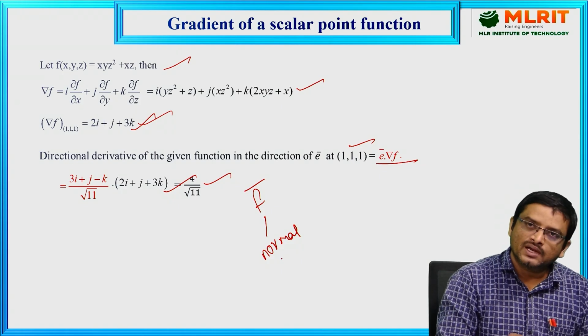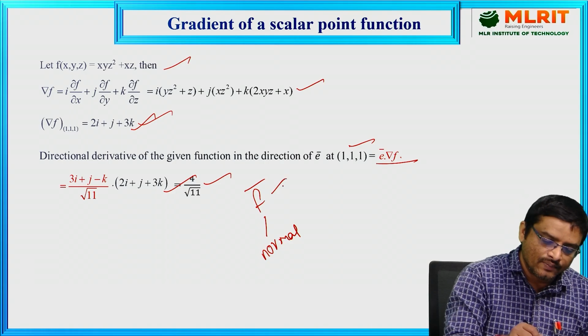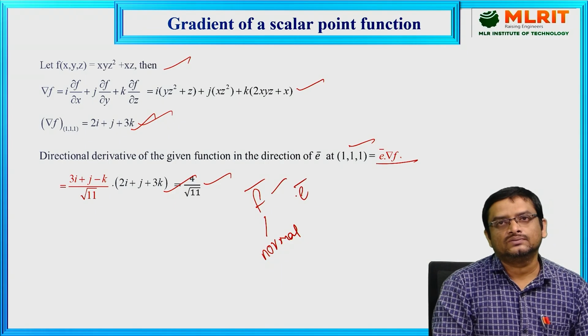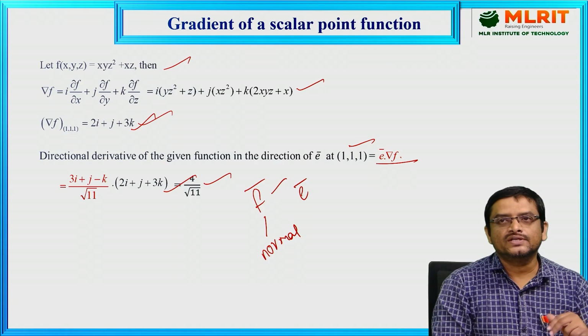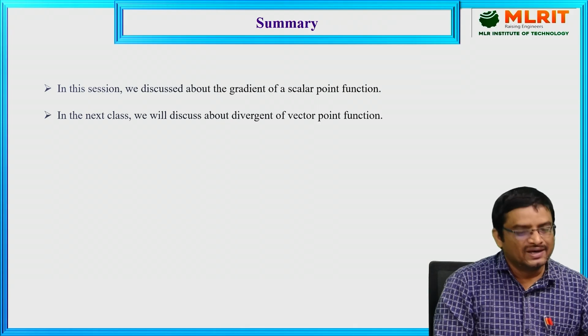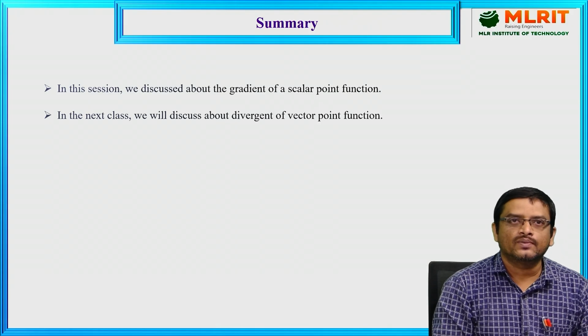Whatever normal vector we get, we consider as f bar, and by using this f bar we get the value of e bar. That is the difference between this problem and the previous problem. Like this we have different models in the directional derivatives, so we can practice them.